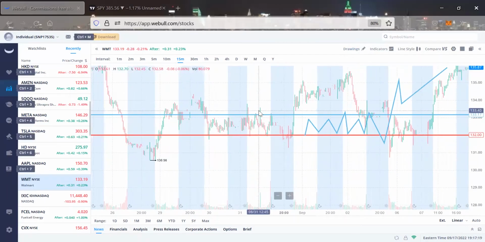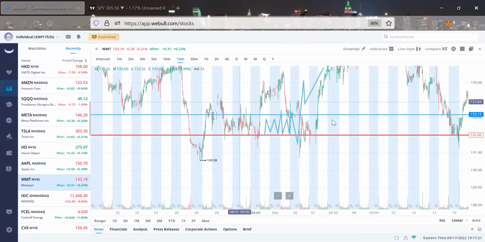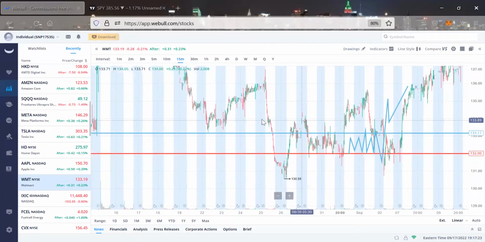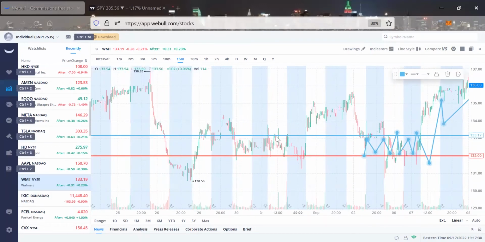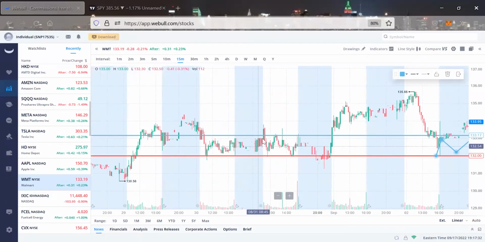They're trying to short Walmart. What does that mean? They're betting that Walmart is going down. And what happened was, as you can see right here, they were bringing the price back up and bringing it back down, bringing it back up, bringing it back down.